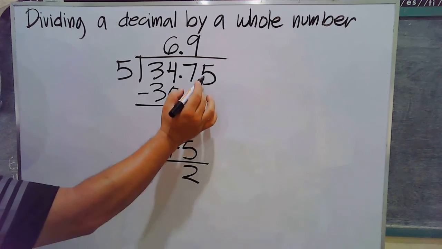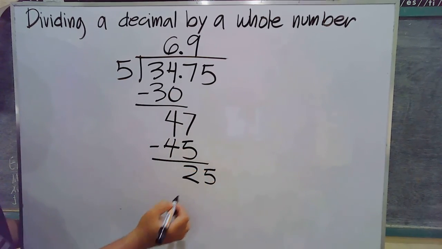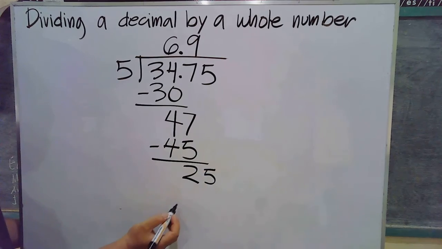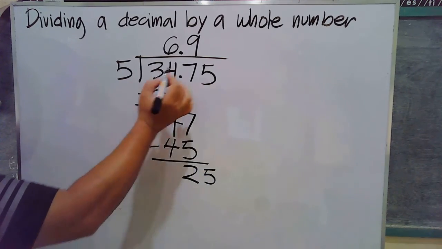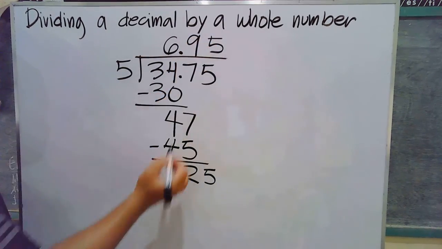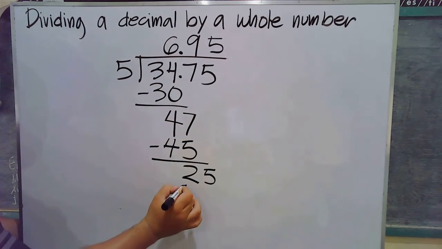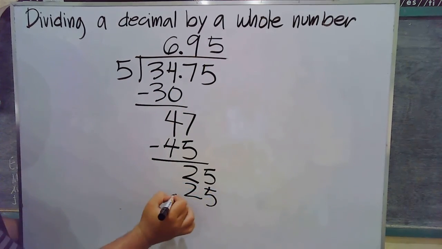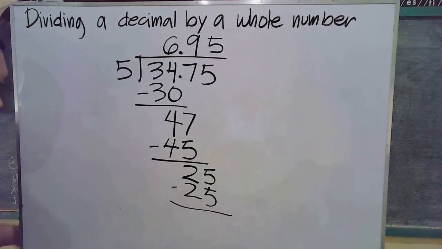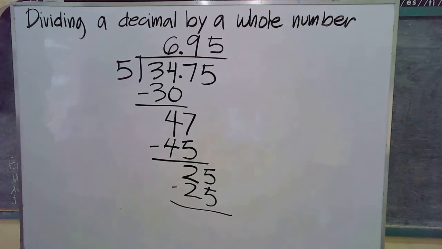Bring down 5. Okay, so we have 25. Now, 25 divided by 5 is 5. And multiply that. 5 times 5 is 25. So subtract, 25 minus 25 is 0. Okay?